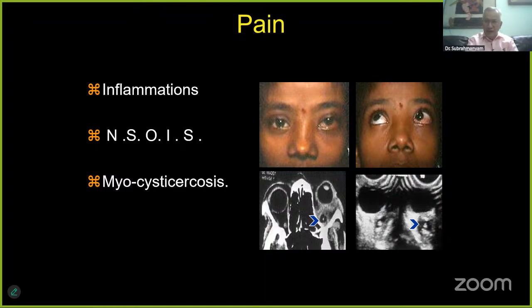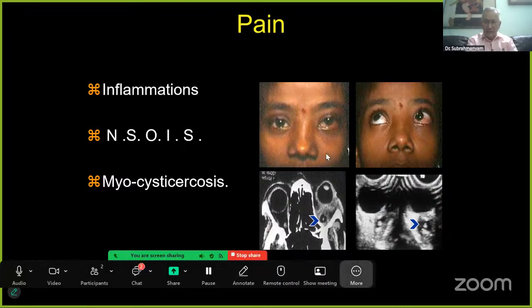Here you can see a young girl in her teens, who presented with proptosis of the left eye with minimal restriction of elevation, and you can see there is so much congestion and a little bit of fullness. The CT scan shows an enlarged inferior rectus with a cyst and a scolex, which is also seen fairly well with B scan.